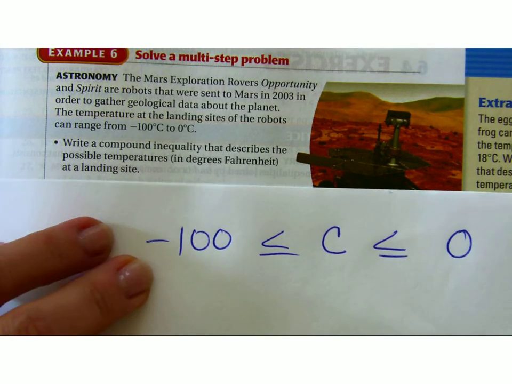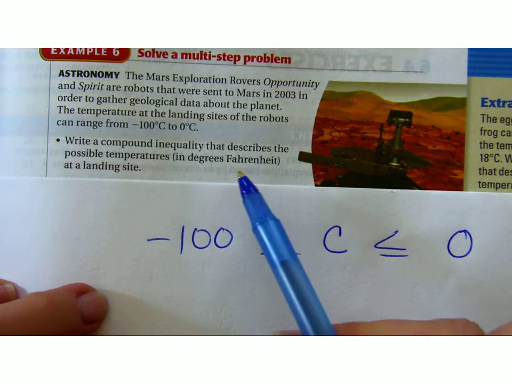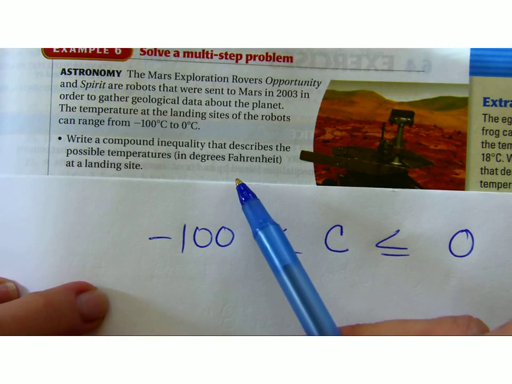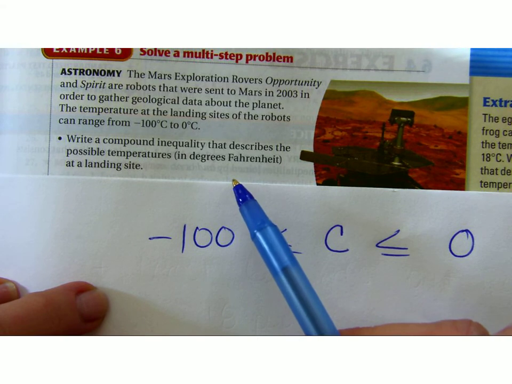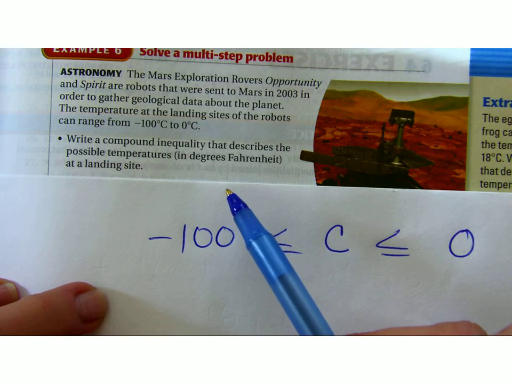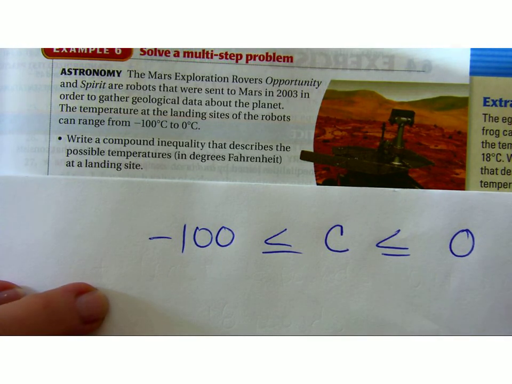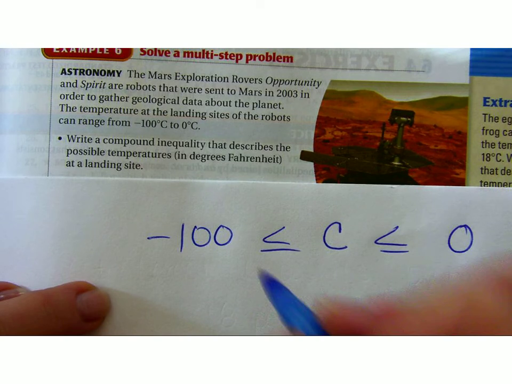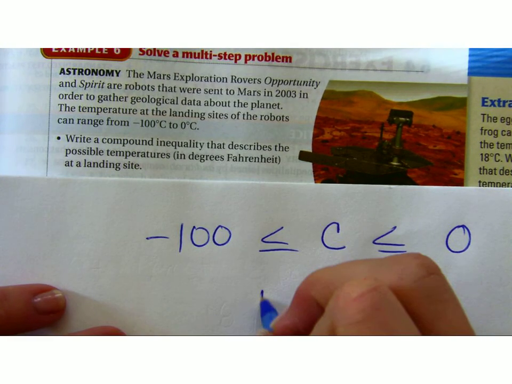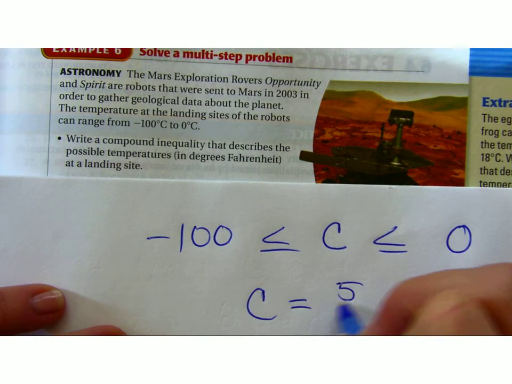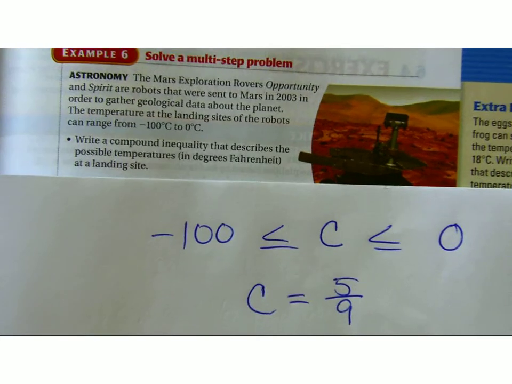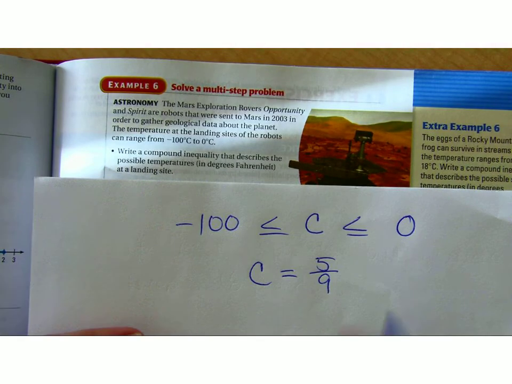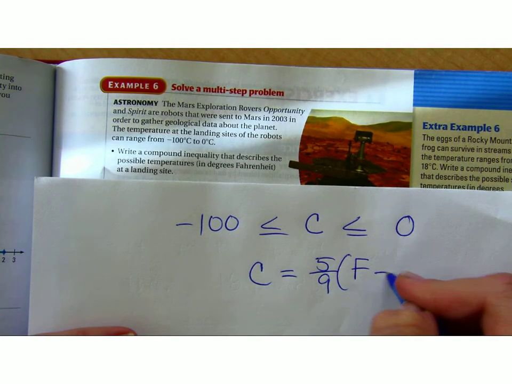You didn't make it to 7th or 8th grade without knowing from science that Fahrenheit and Celsius are different. Do you know the conversion factor between Fahrenheit and Celsius? It has something to do with 5/9. Celsius is equal to 5/9 times the Fahrenheit minus 32 degrees.